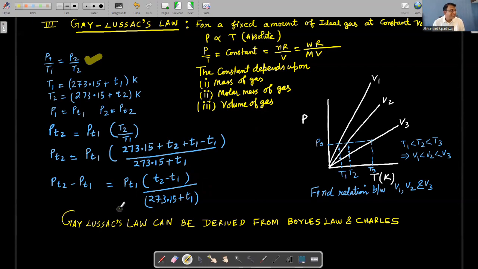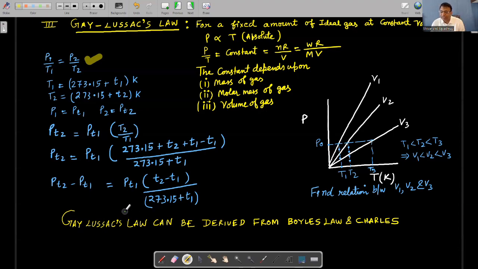In a simple way, we are saying that when volume is constant, pressure is directly proportional to absolute temperature. But they can also say that when we increase the temperature of a gas from T1 degrees Celsius to T2 degrees Celsius, then the increase in pressure of the gas is T2 minus T1 upon 273 plus T1 times the initial pressure at constant volume. So this is also a way to state Gay-Lussac's law.